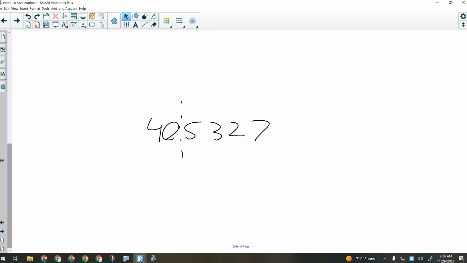I can't write those other numbers. So I would say my decimal is here, I'm going to move it 1, 2, 3, 4, 5 spots, and I'm going to say this number is 4.1 times 10 to the 5.